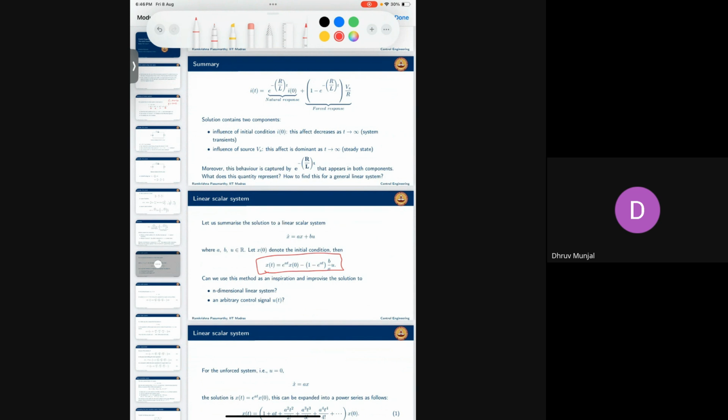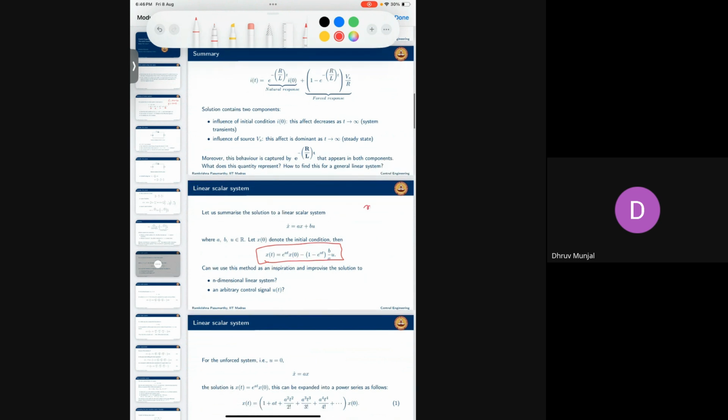So see, if I want to explain this, if I take this system, how will you represent it? This will be s times X of s minus x naught, some initial condition. I'm not assuming it to be 0. So I will have something like this.